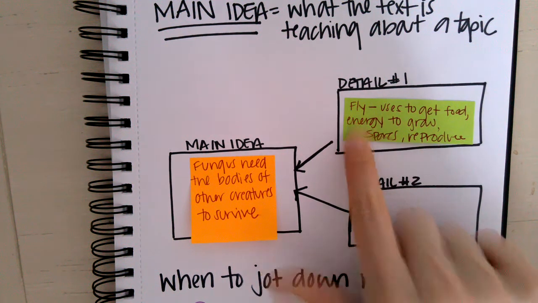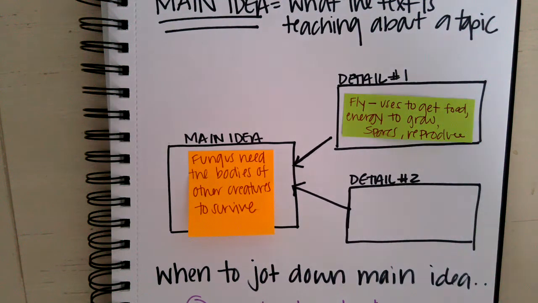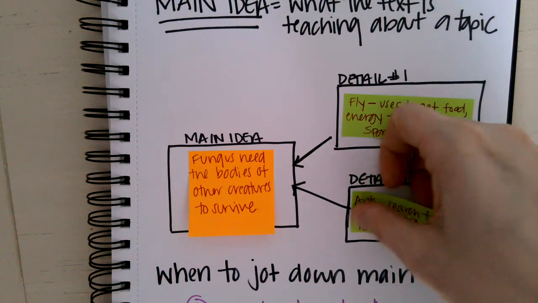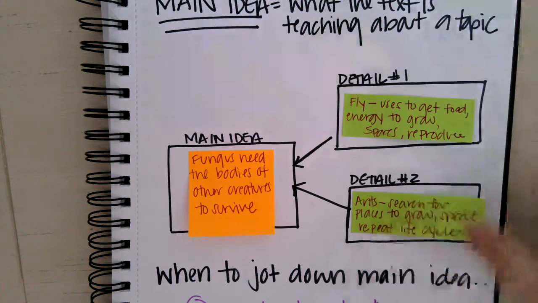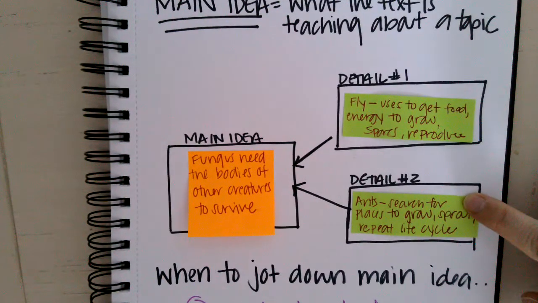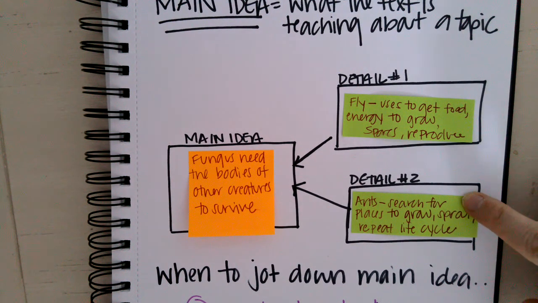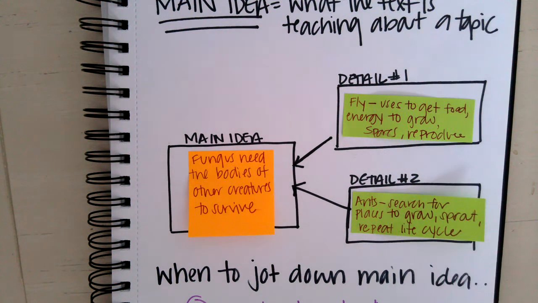So it does need these things to eat, get energy in order to reproduce or create more. The second detail could be, well, the second section was about ants, and how does the fungus use ants to survive? Well, they use the ants to search for places to grow. So they make them travel lots of different ways or travel pretty far. They plant sprouts, and then that helps them repeat the life cycle.